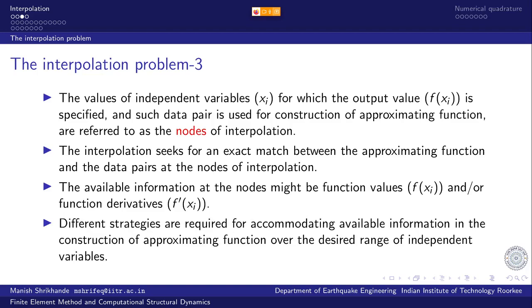And different strategies are required for accommodating available information in the construction of approximating functions over the desired range of independent variables. So as you can probably guess, if it is only the function value, then we have some way of working with data. If it is both function values and the derivatives, different orders of derivatives, then we have a different way of working with data or using this information that is available.